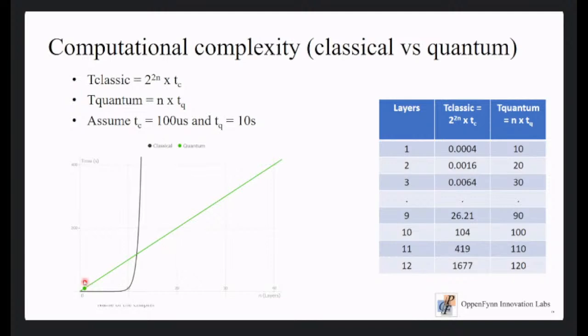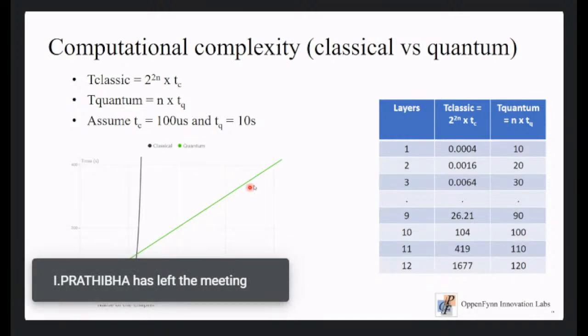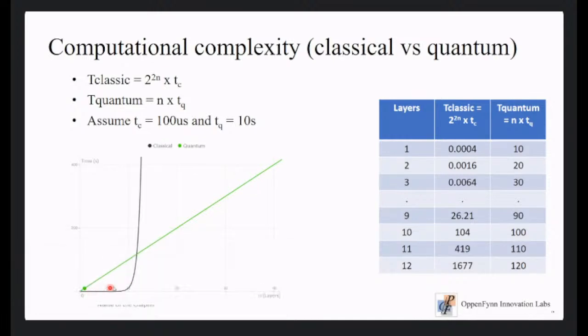The green line here is the quantum time. As the number of layers increases, the time it takes the quantum way of solving things increases linearly, whereas the classical way of doing things increases exponentially. Of course, when the number of layers is very low, let's say 1 or 2, the classical computer is still much faster than the quantum computer.